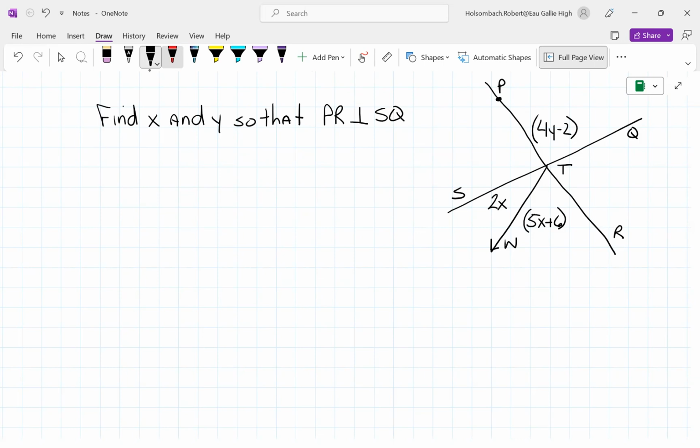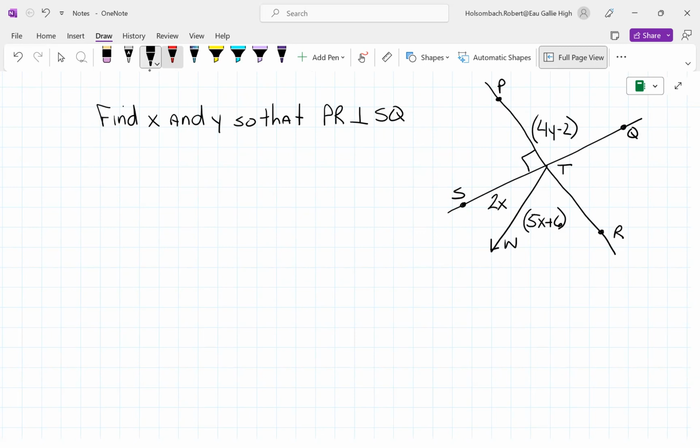So PR is here, SQ is here. We want them to intersect at 90 degrees. Find x and y so that PR is perpendicular to SQ. We want this to happen. We want this angle to be 90 degrees, because if that angle is 90 degrees, then the 4 angles in this intersection are 90 degrees.